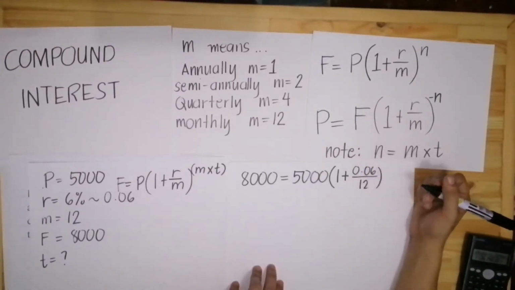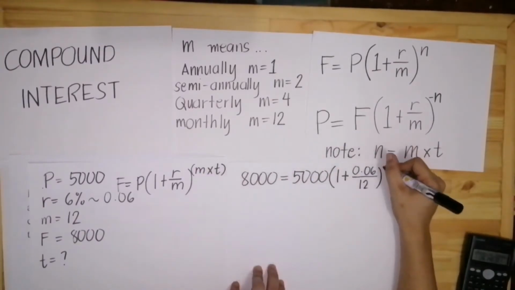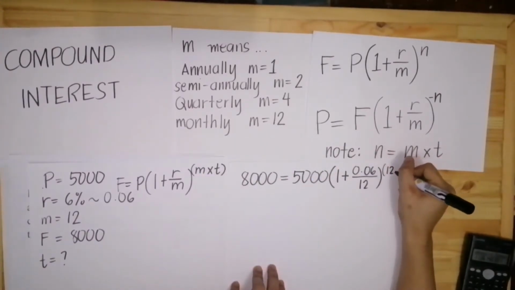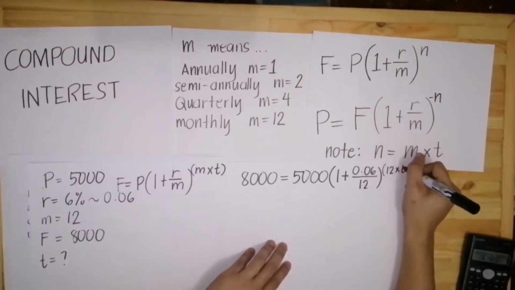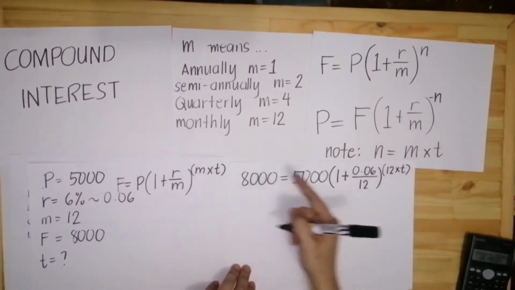Then, close parenthesis. Then, M times T. We have the M, 12 times T. So, 12T na lang. Simplify lang natin to para makuha yung time.